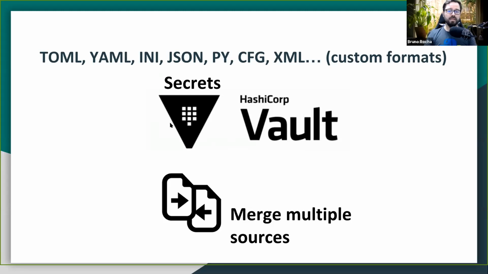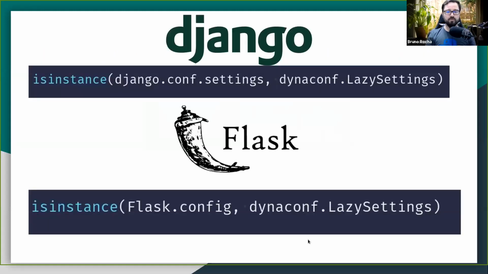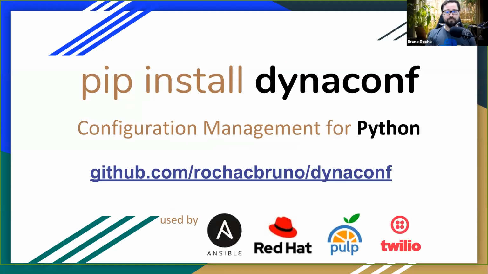And Dynaconf, by default, has functions to talk to Vault and read the variables from there, and you can merge all this into a single instance of configuration. It also comes with extensions for Django and Flask, so you don't have to do anything else than importing it. And Dynaconf is going to take the place of Django settings or Flask config. So those extensions are provided by default.